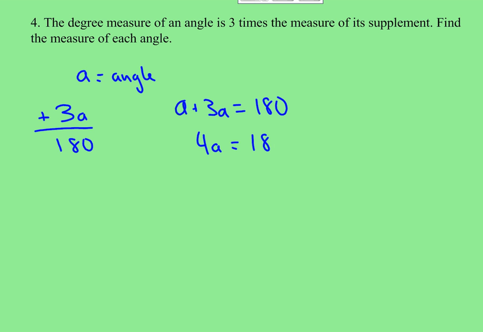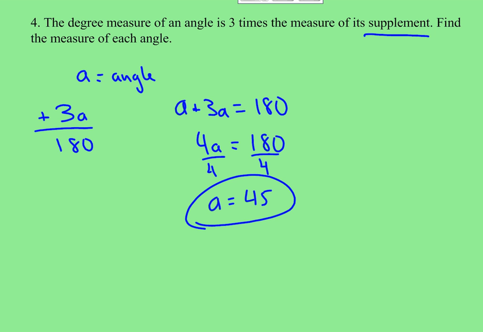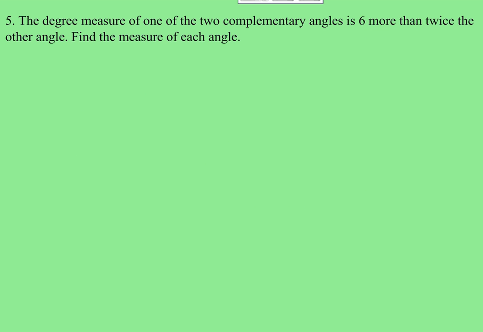Supplement's the dead giveaway. That's where I get this. So a little division: A is going to equal 45. So the angle is 45. The supplement then is going to be 45 times 3, which is 135. So those are the measures of the two angles.